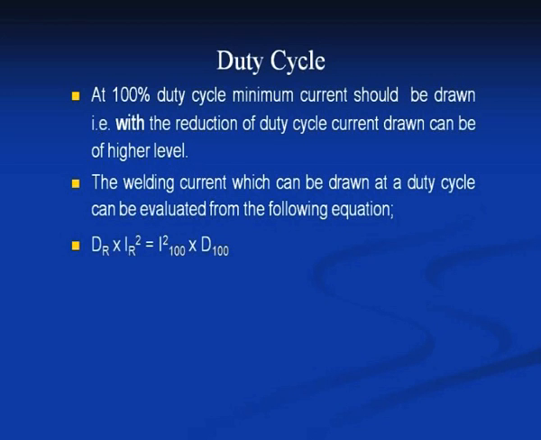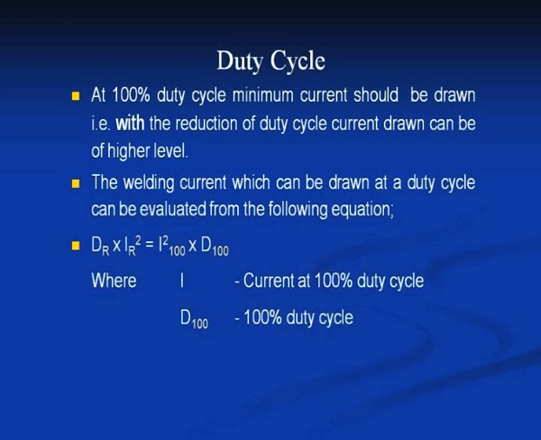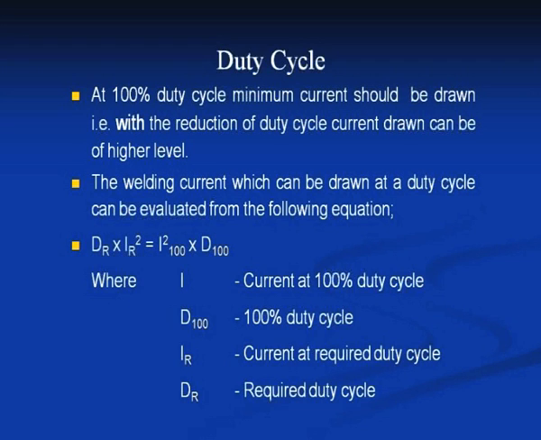where DR multiplied by IR square is equal to I100 square multiplied by D100, where I100 indicates the current at 100% duty cycle, D100 indicates the 100% duty cycle, IR indicates the current at the required duty cycle, and DR shows the required duty cycle.